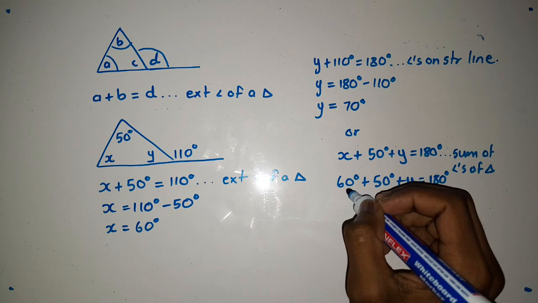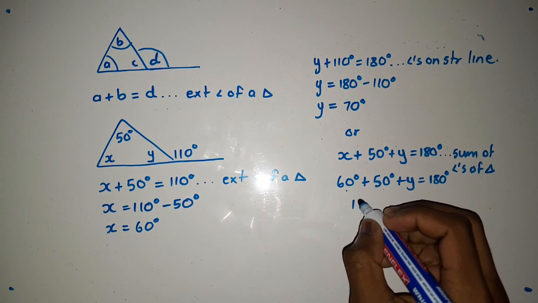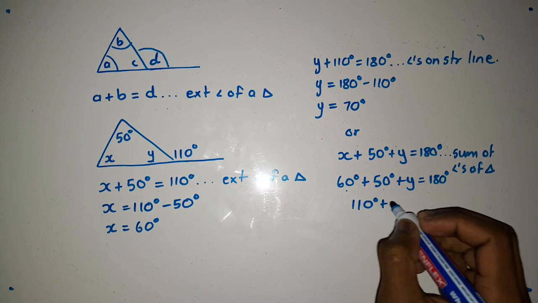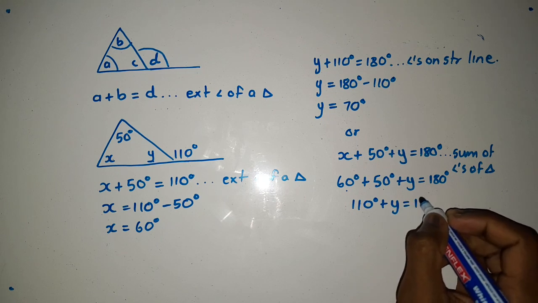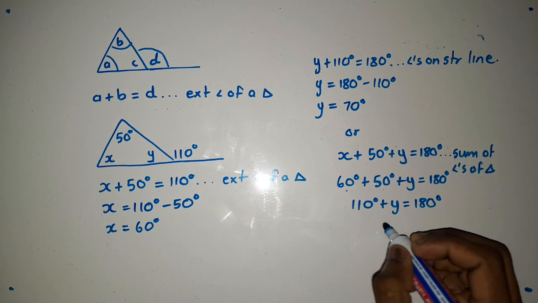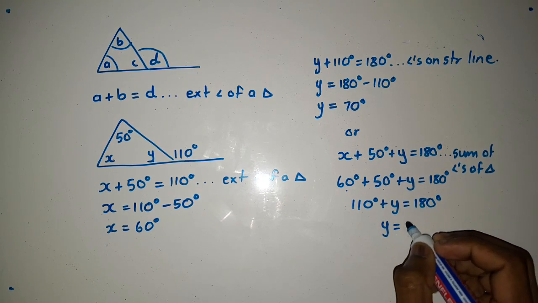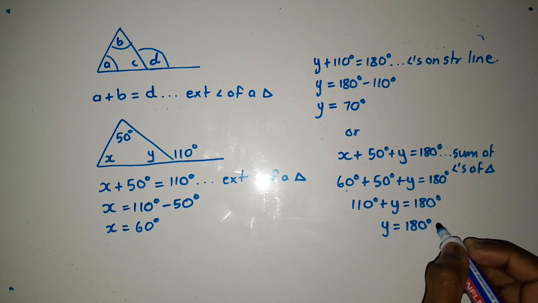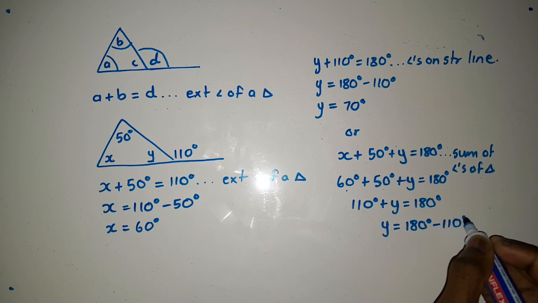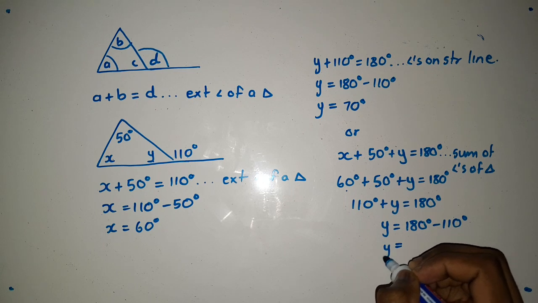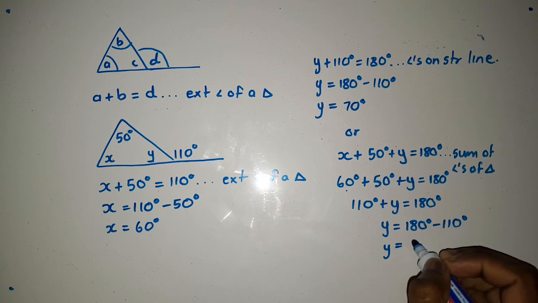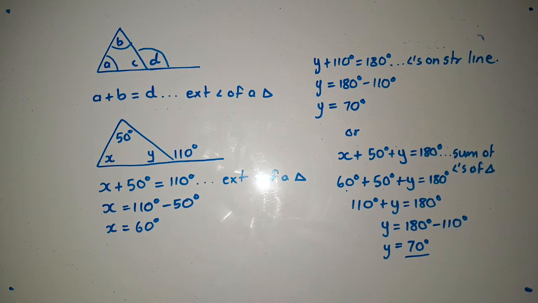If you add these two numbers, you must get 110 plus y equals 180. Finally, we are going to get the same answer, 180 minus 110, which is going to be 70 degrees as well. Do you understand?